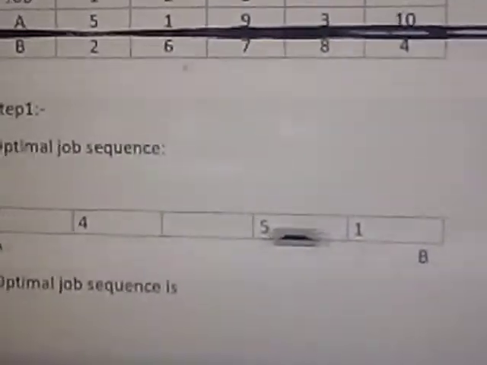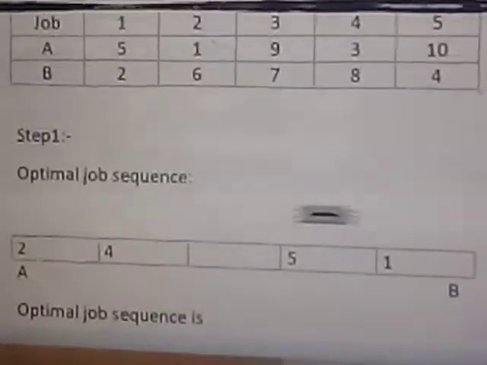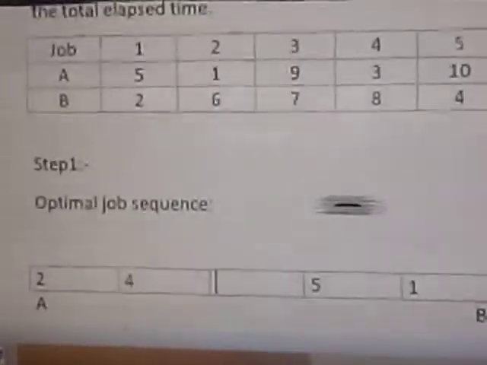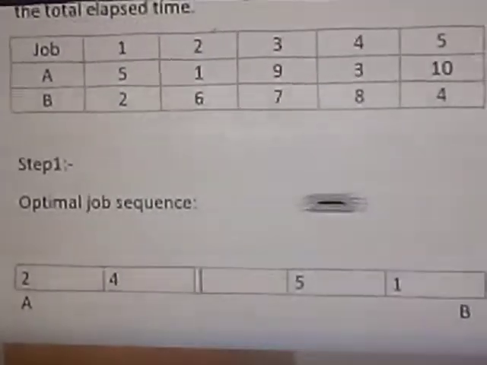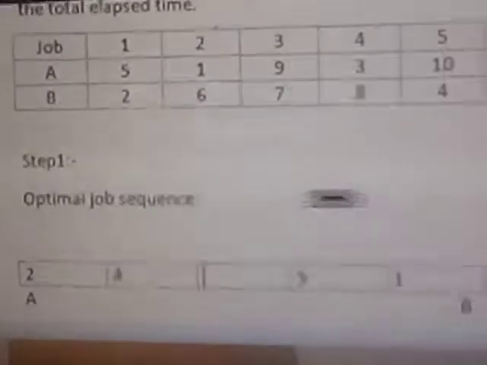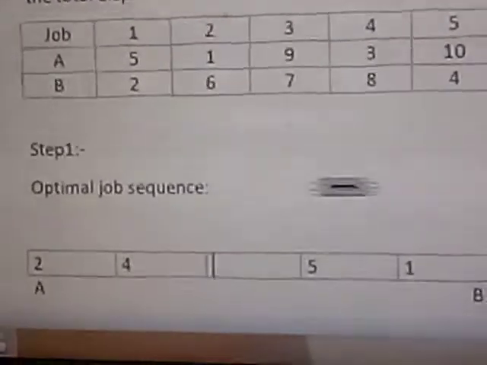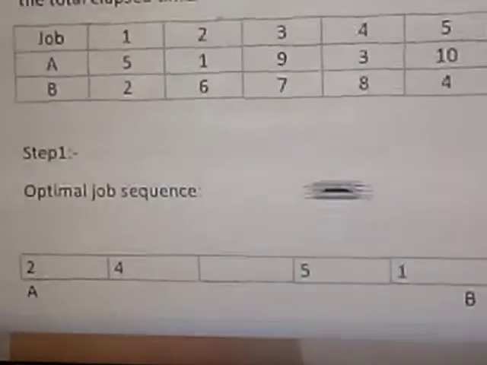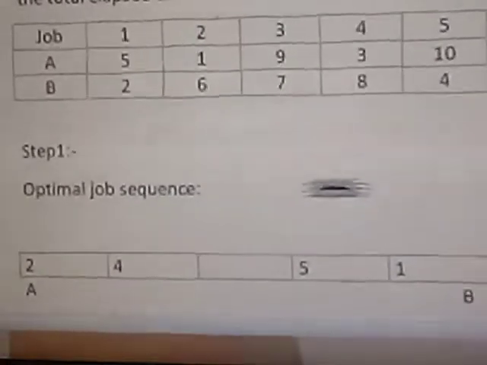At last, coming to the fifth least time, that is 7 hours, which appears in machine B of job 3. So we will write it on the right side and then delete this column.